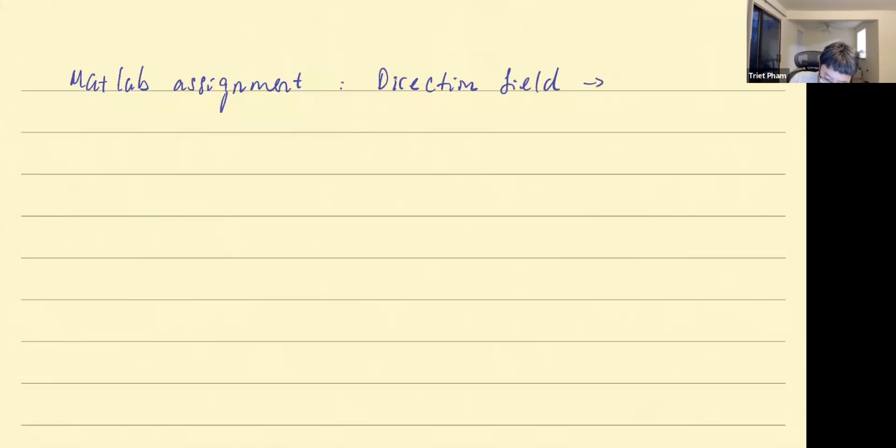Okay, so first I just want to say for the MATLAB assignment for this week, when you plot the direction field, you will see that there are some straight line solutions that are coded in there. You can ignore them.